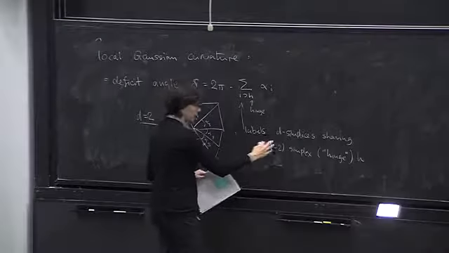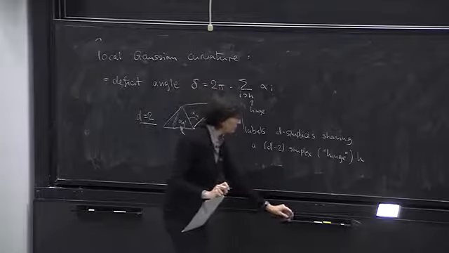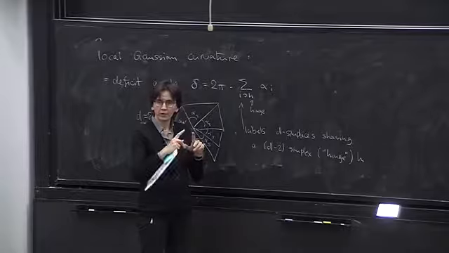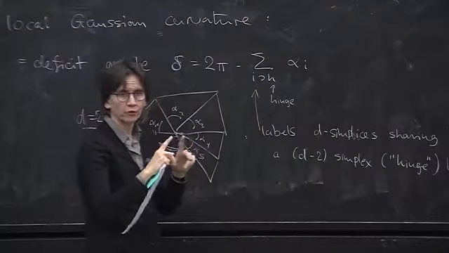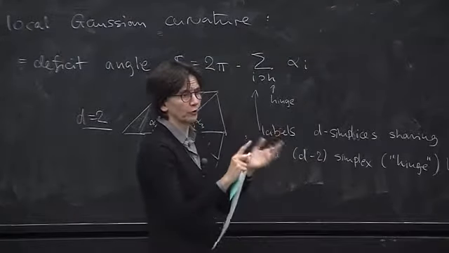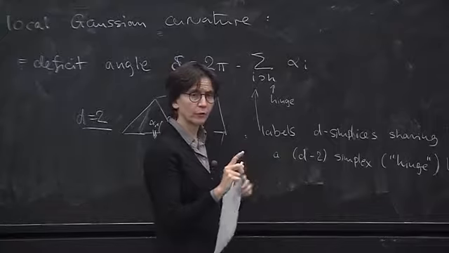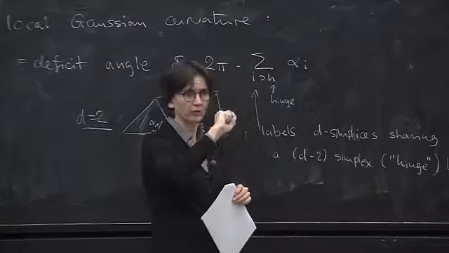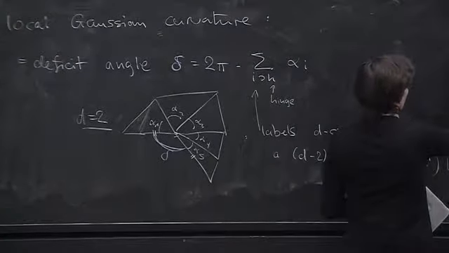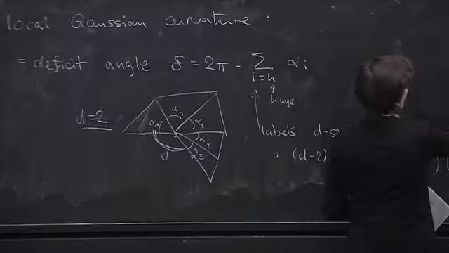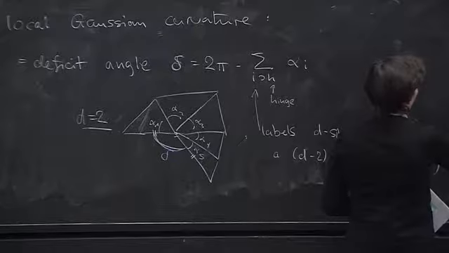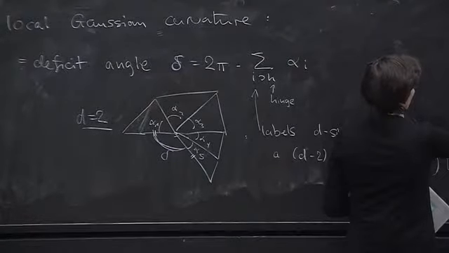Now the reason why it's called hinge is more obvious if you go to 1 dimension higher. In 1 dimension higher, you're looking at flat three-dimensional tetrahedra. And what you then have to do is glue them together, and in that case, the curvature will be concentrated along one-dimensional edges. Right? So you have a given edge, and then you consider a bunch of tetrahedra that meet around such an edge. Now I have to draw this properly.